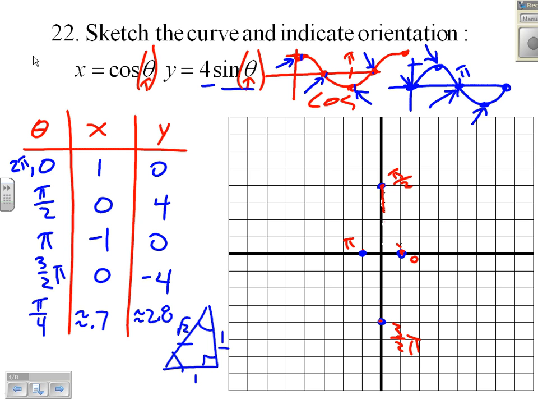So at 0.7, I am up at about 2.8. I'm in about this position right here, which tells me that I have a concavity. I'm going to sketch it over here like this.